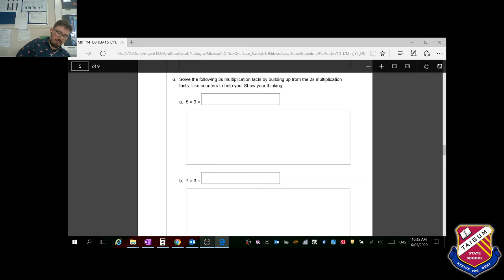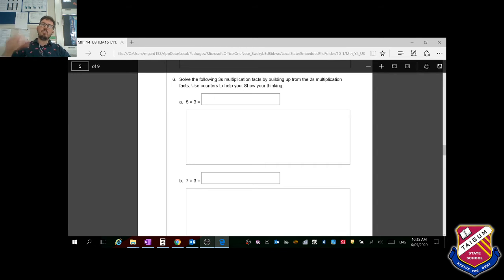And then underneath I'm going to put add and I'm going to write that equals 10. Then underneath I'm going to put add 5 to build up. So I'm going to do the same diagram, and I'm going to add 5 more, which gives me 15. So you're going to make sure that you're really explaining your thinking, okay?